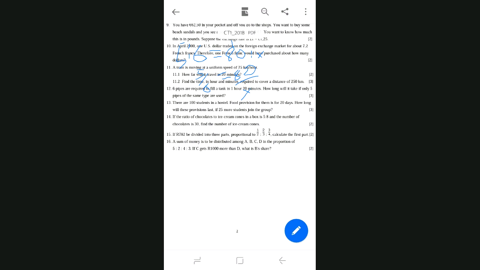So x will be 80 times 6 over 5. Then we will also get 96.